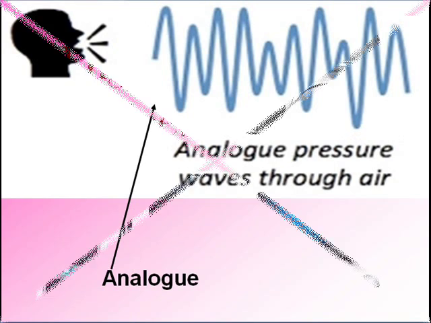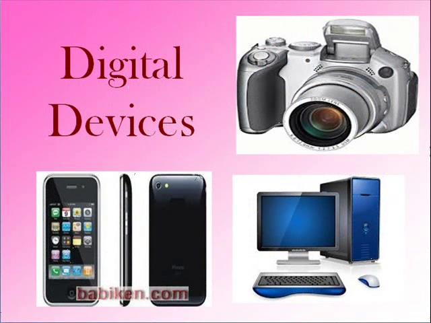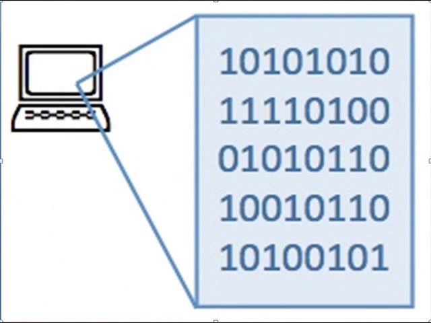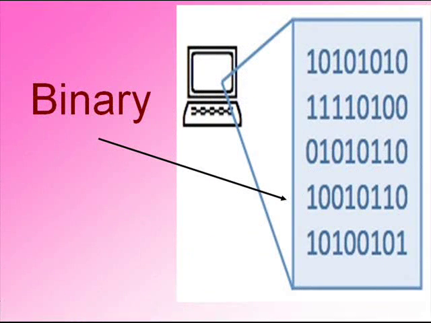Computers and most other electronic devices such as cameras, mobile phones are digital devices because they process data in the form of numbers or digits. In computer science, these digits are known as binary. All numbers stored inside a computer are stored using a system called binary.